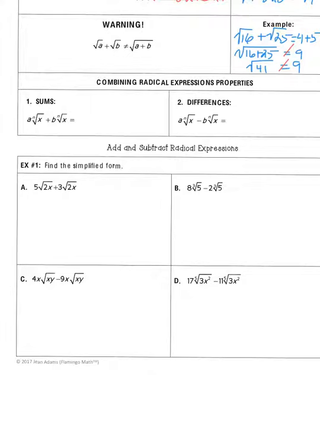The radical string will not change. So for instance, this would become a plus b, and then the nth root of x, whatever that is. And same thing for subtraction. You would end up with a minus b times the nth root of x. So let's look to see how that works with some real problems.